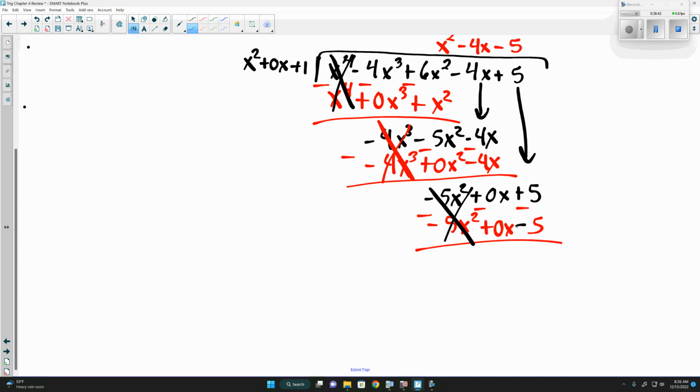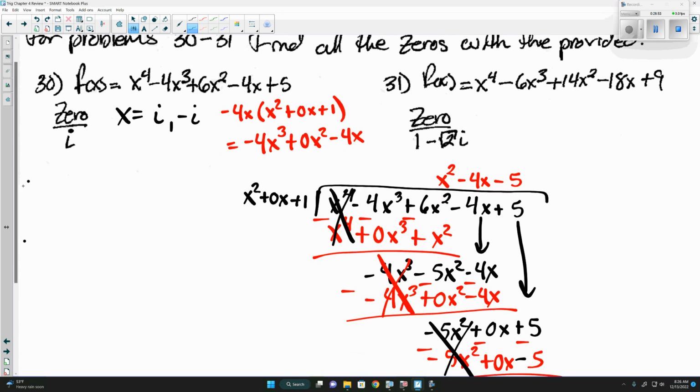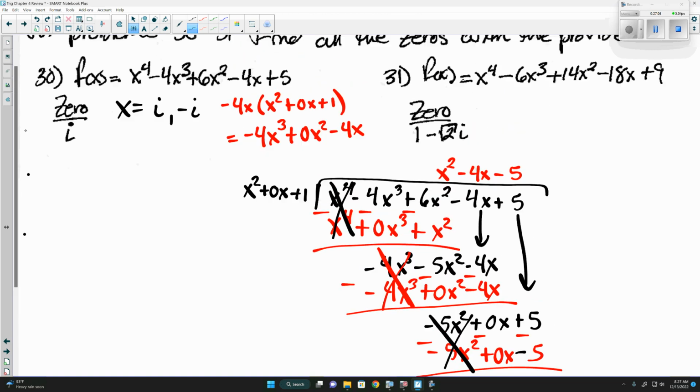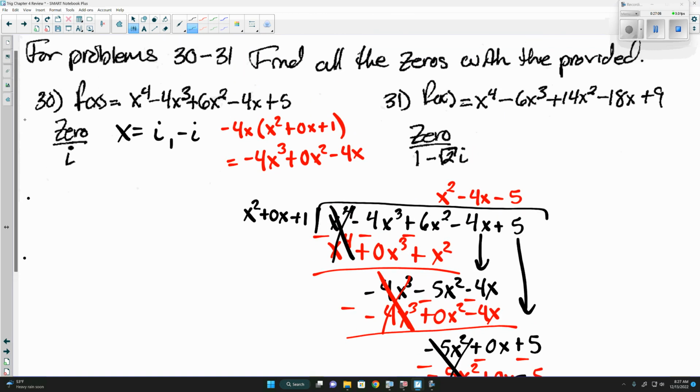Yep, looks like I'm going to have to look back at this problem. 6x squared, 4x plus 5. Yeah. Because really for this to work out, that needs to be a minus. Because 30 is not working.